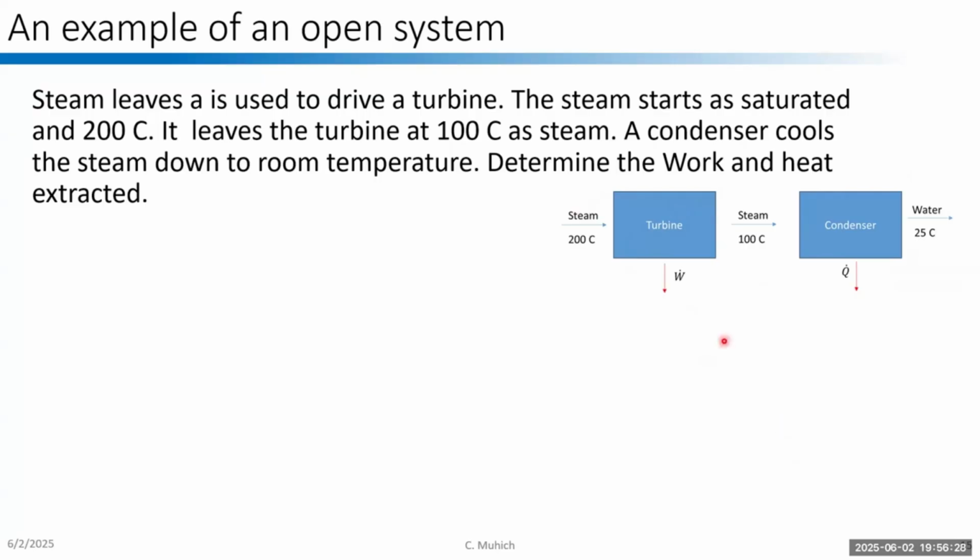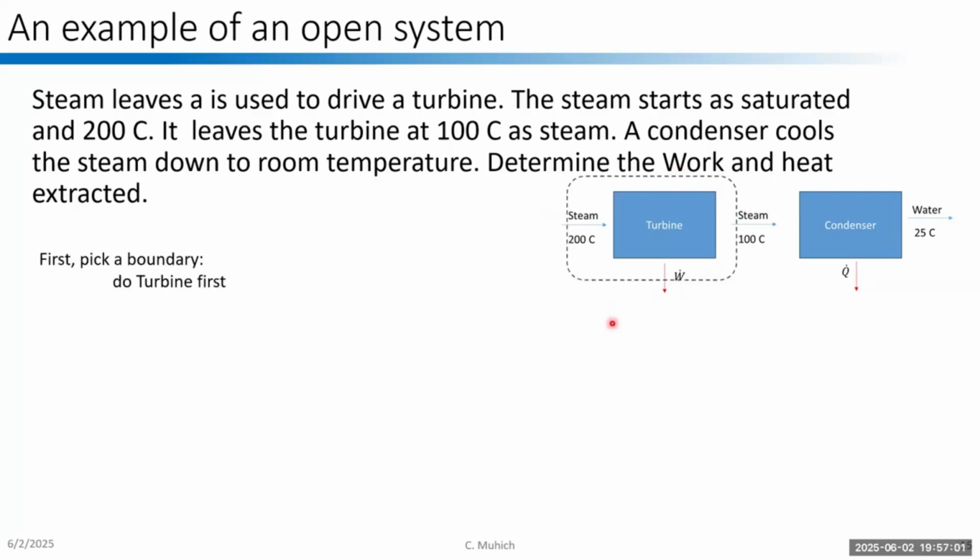First, if I just analyze the system, I can see that I know how much energy comes in as steam and leaves as water, and I know that I have both work and heat that I can use, but I don't have a way to directly determine how much comes out as work or Q. So I'm actually going to start my balances by looking at each of these individual units.